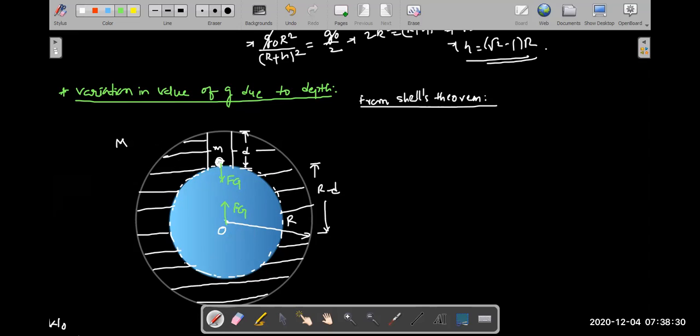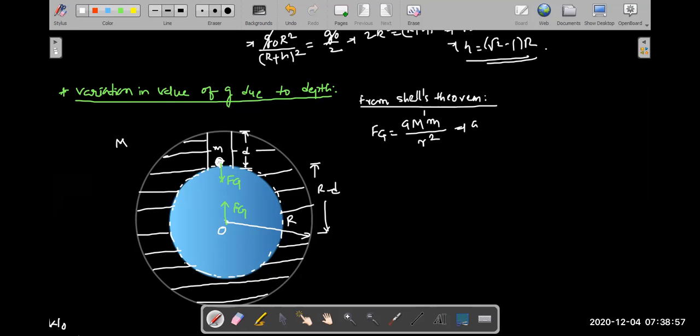Now, the total mass of the Earth is M, but is the entire mass influencing this Fg? No, right? Only the part up to the depth is influencing. So Fg is equal to G, and instead of M we use M dash, by R square. Is that right? Yes, sir.